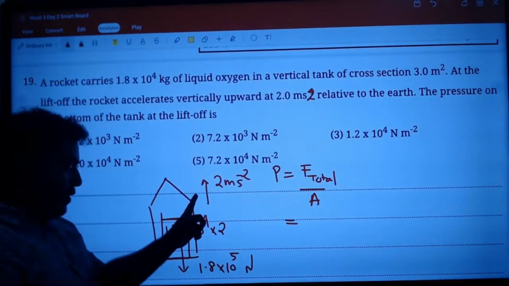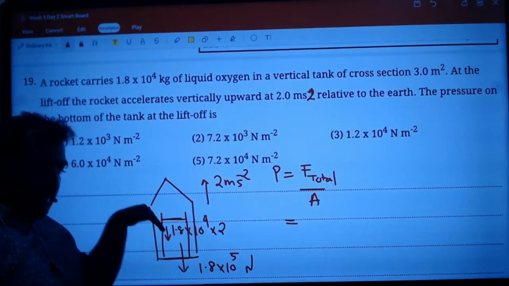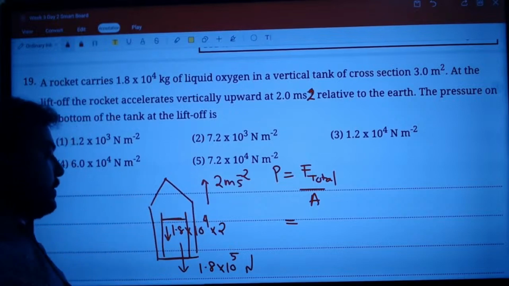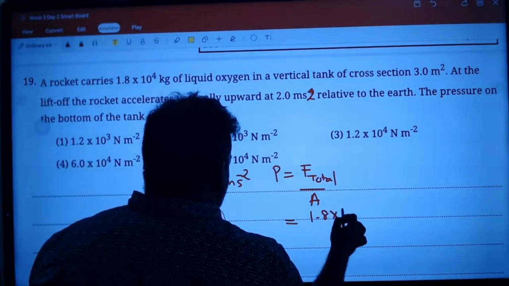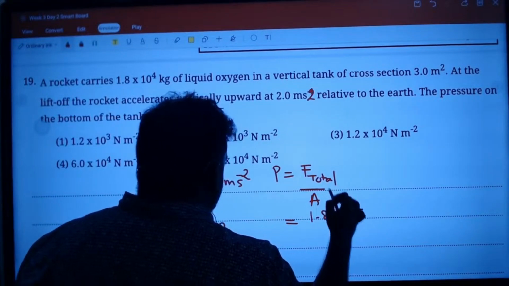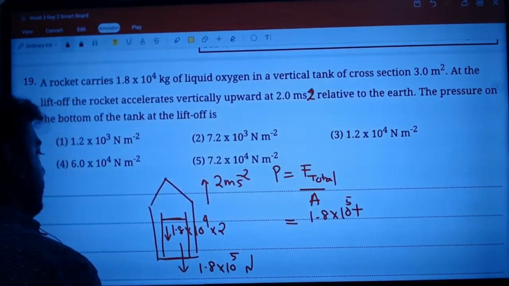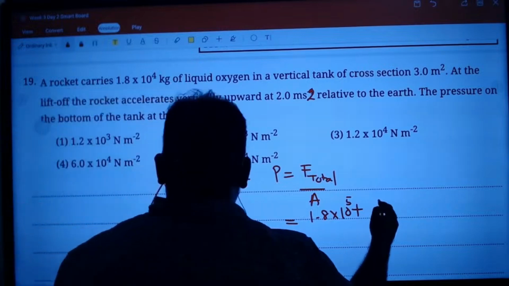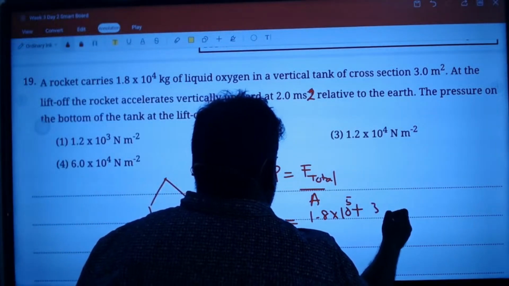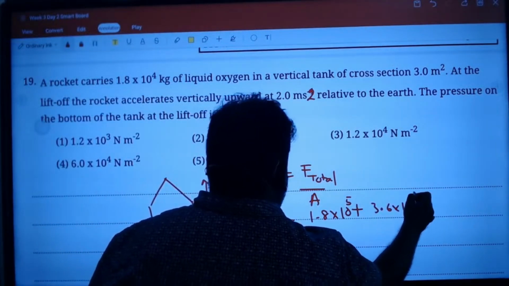When you accelerate, there is a weight and there is a pseudo force, both acting. 1.8 times 10 to the power 5 force, plus the pseudo force, mass into acceleration, 3.6 times 10 to the power 4.